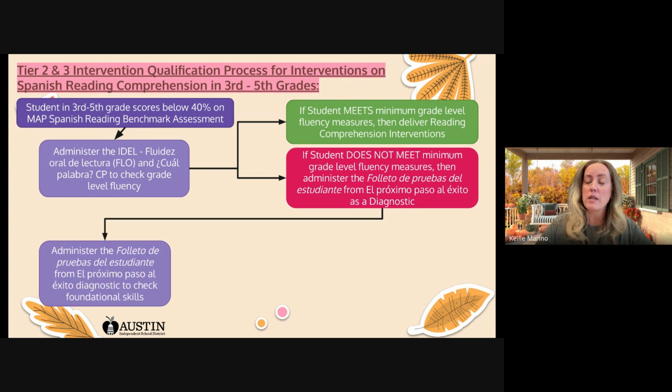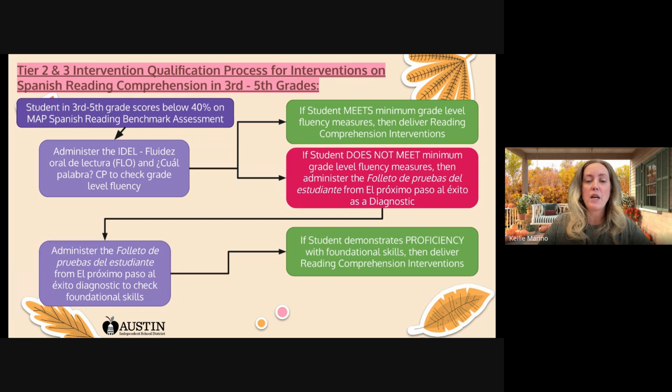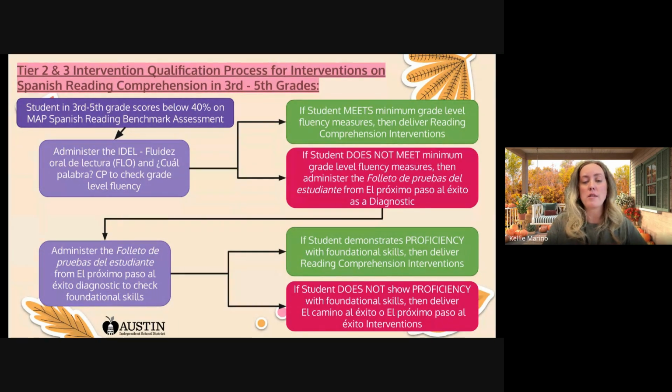And this diagnostic, just like the core phonics screener, checks for foundational skills. Just like we did before for the English, if the student demonstrates proficiency with foundational skills, then we deliver reading comprehension interventions. And if not, then we will deliver foundational skills using the El Camino al Éxito or the El Próximo Paso al Éxito.